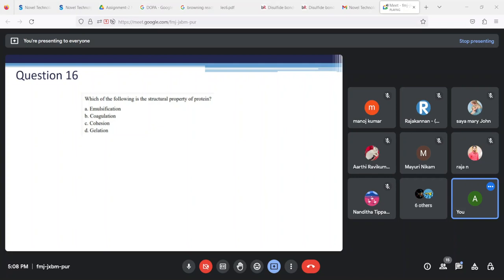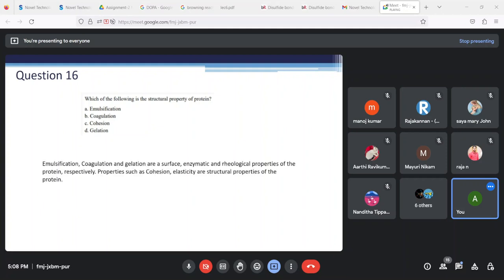So it has the ability to be present and stabilize an emulsion. That is why your surface properties, that is your hydrophilic or hydrophobic residues that are present on the surface of the protein, help in the emulsification or stabilization of emulsions. Hence, the surface property of the protein is involved in emulsification.